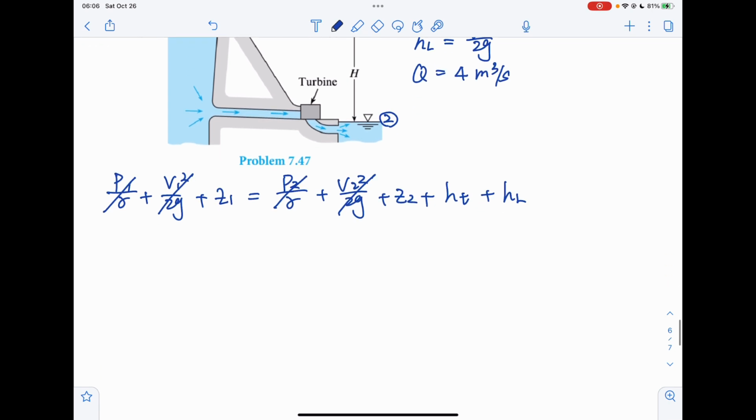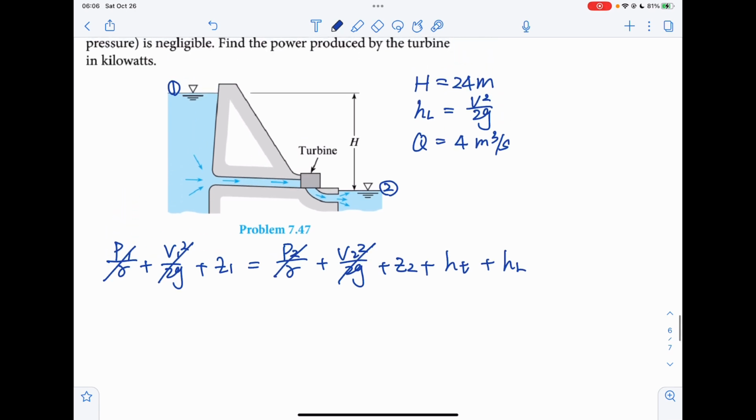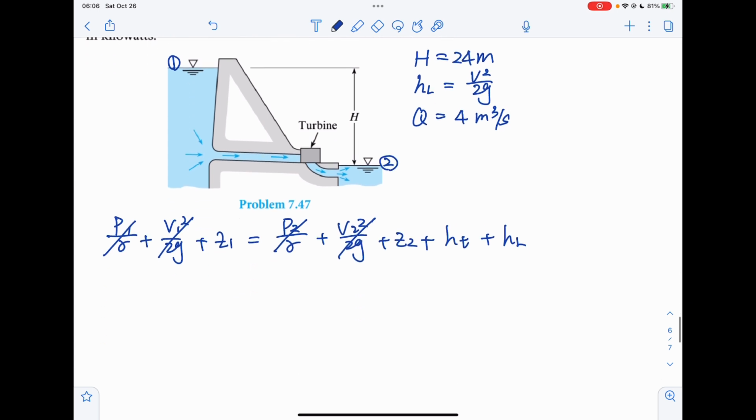So, okay. If we set Z2 equal to 0, then Z1 will be 24 meters, and we'll have the turbine head, which is HT, plus the head loss, which is V squared over 2g.